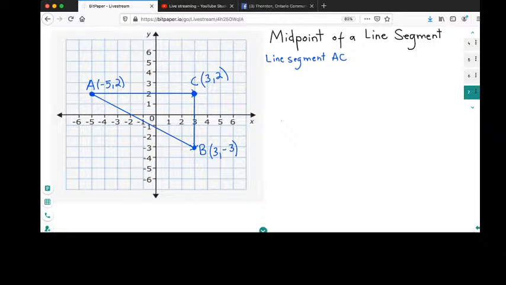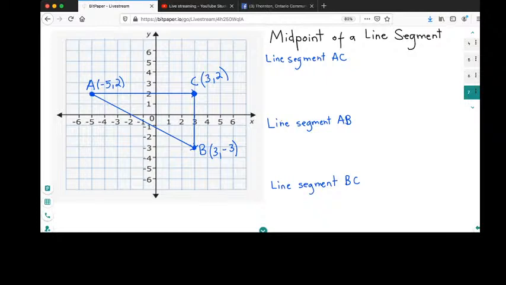And then I've got line segment AB. And I've got line segment BC, or CB. It doesn't really matter how you say it. They mean the same thing, but I'm going to say BC. Okay, you guys, so they want the midpoint of each line segment.